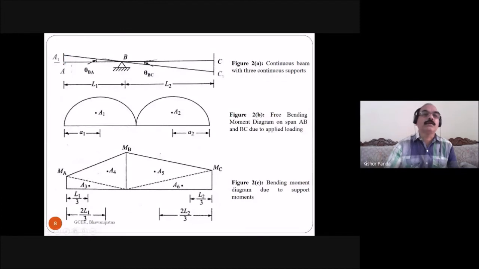This is the intercept deflection AA1, and on the BC side this is the deflection. So theta BA is equal to AA1 divided by L1, and similarly theta BC is equal to CC1 divided by L2.